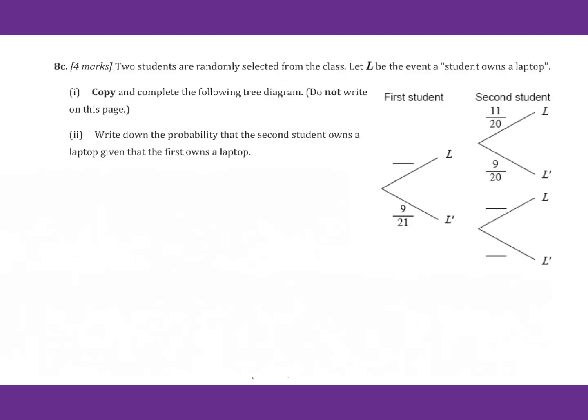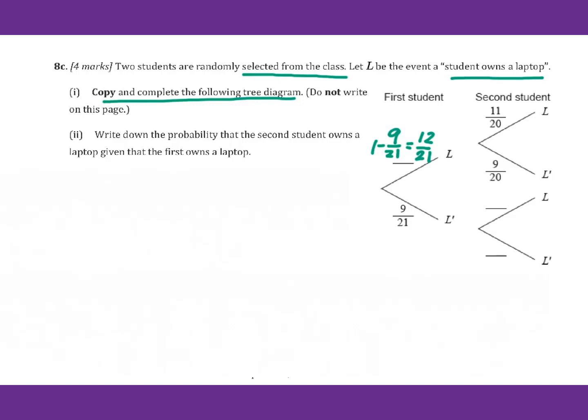Let's go to 8C. 2 students are randomly selected from the class. Let L be the event a student owns a laptop. Copy and complete the following tree diagram. 9 over 21, use 1 minus 9 over 21 will be 12 over 21.